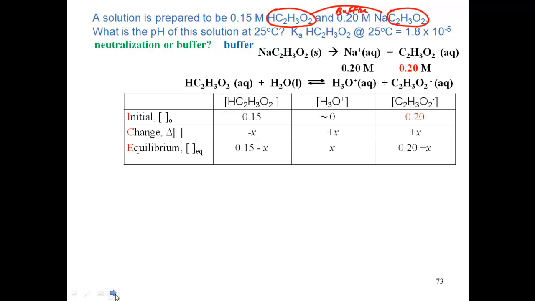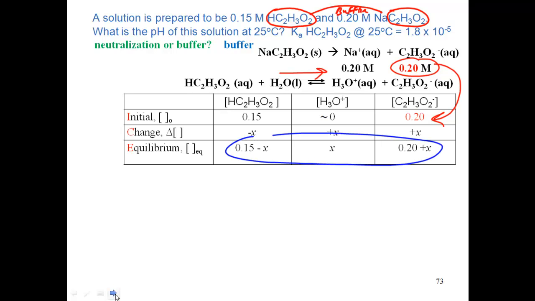And then I wrote this soluble salt up here to remind me to put it in there for my initial concentration of my conjugate base. This reaction has to go to the right. Therefore, I have minus for my reactants and pluses for my products for my change. I need some relationship, which I will call X, X, and X. And then I add them up. So at equilibrium, I have 0.15 minus X for my acetic acid, X for my hydronium, and 0.20 plus X for my acetate.